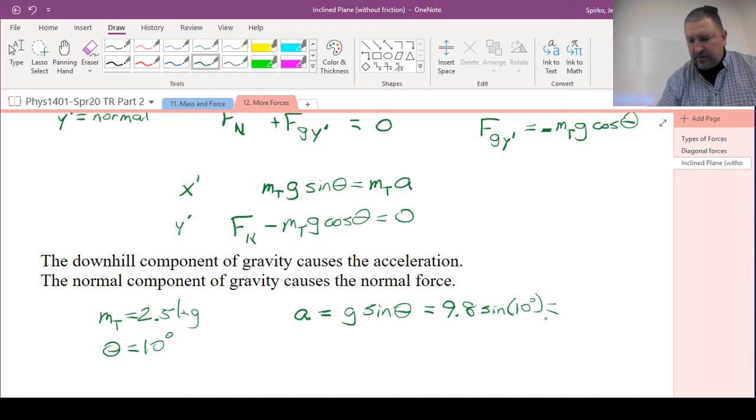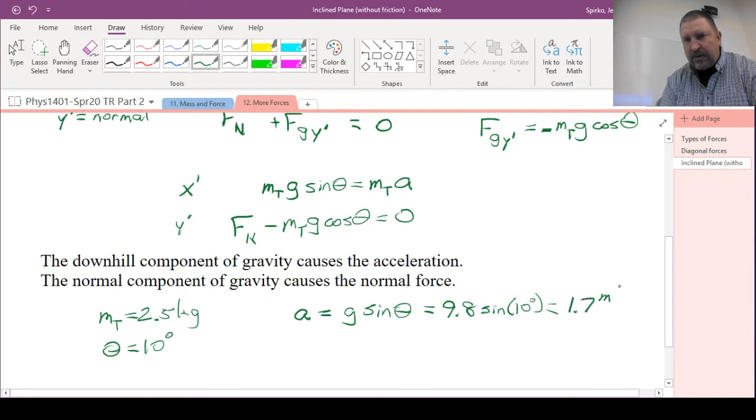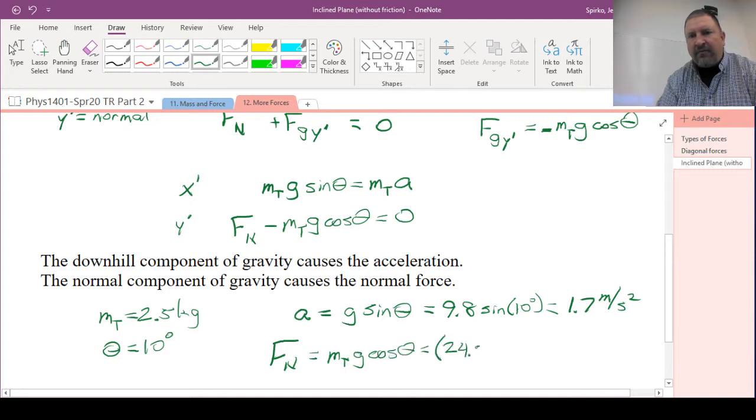That's about 1.7 meters per second squared. And the normal force is m total g cosine theta, 24.5.